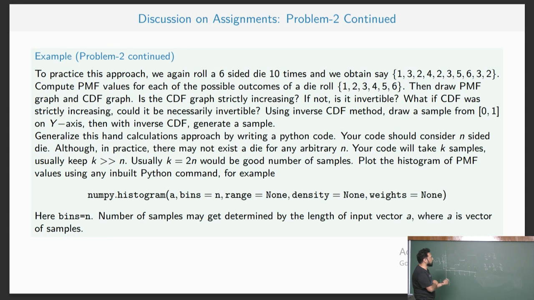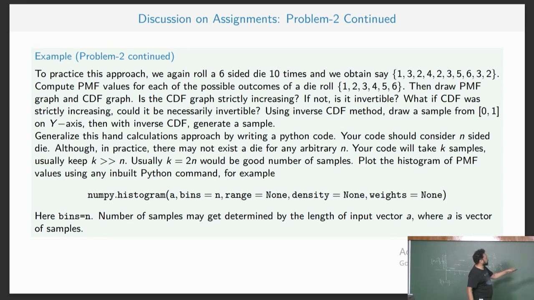So basically, you call Bernoulli 2n times, because the throwing of the die and all this are not dependent. So I will do 2n Bernoulli calls, and this could be done just like in the previous case. Okay, so then we have k samples, and these k samples go here, and you can use this to plot PMF values, and the bins tell you the possible outcomes.